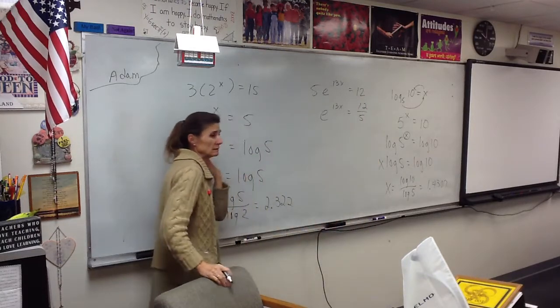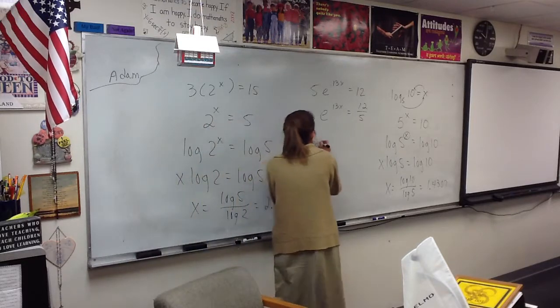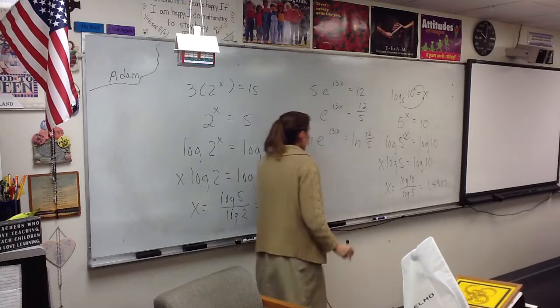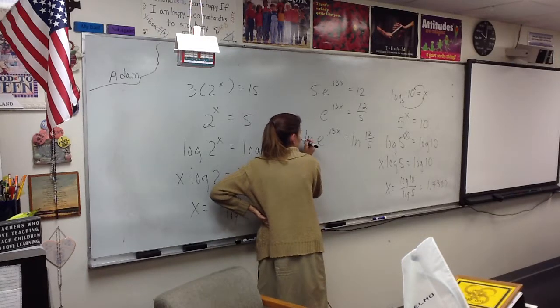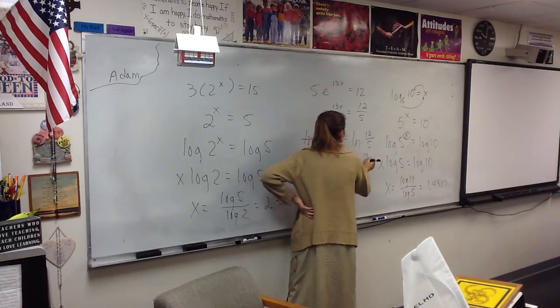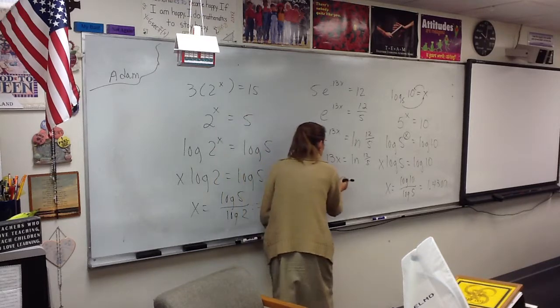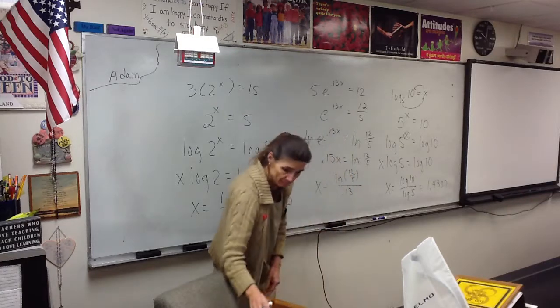Okay, now what do you think we should do? ln both sides? What happens over here? It goes out. So we're left with 0.13x equal to ln 12/5. So we'll get x by simply taking ln 12/5 and dividing it by 0.13.